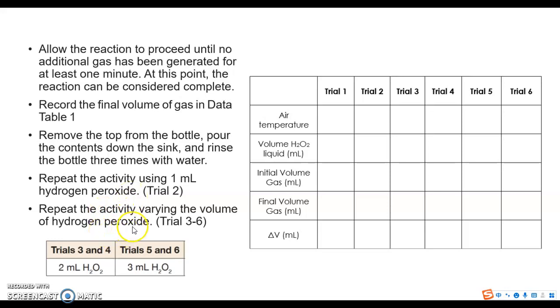And then repeat the activity with 2 ml hydrogen peroxide twice and 3 ml hydrogen peroxide twice. And then use the data table in the worksheet to record your readings and do a little calculation to get the delta V, which is the volume of the oxygen generated by the reaction.